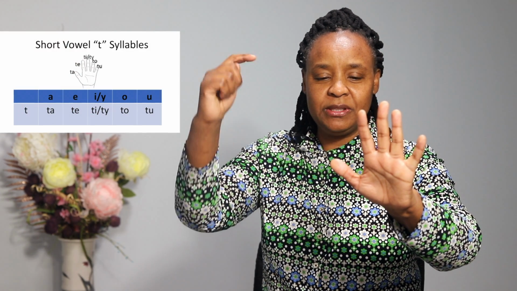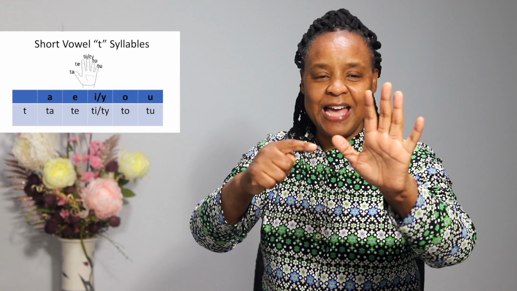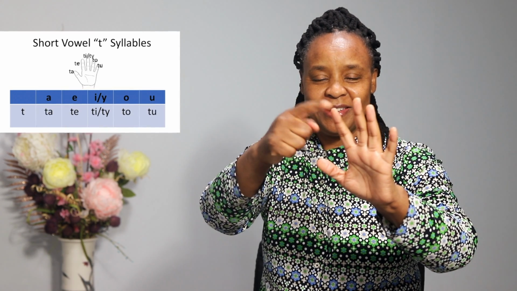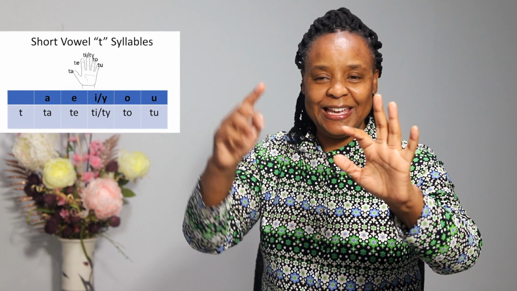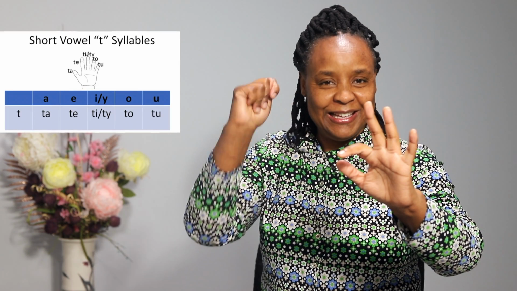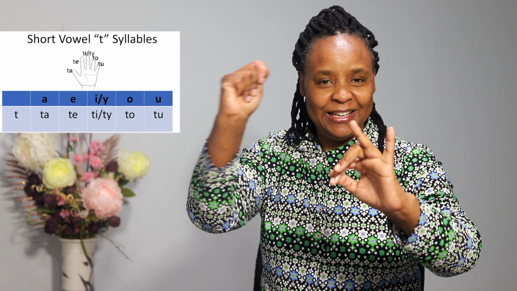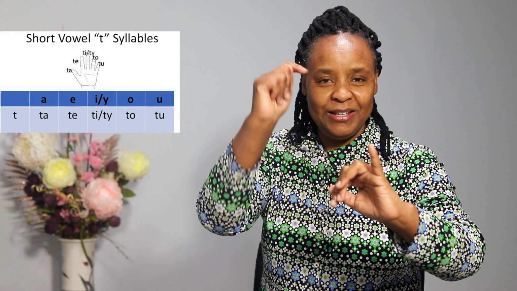Very good. So can you practice that again with me? I just want to see if you remember. What sound is this one? Did you remember it? Very good. That sound is T. Awesome. And what sound do you hear when I take T and add to the short vowels? Ta, te, ti, to, tu.